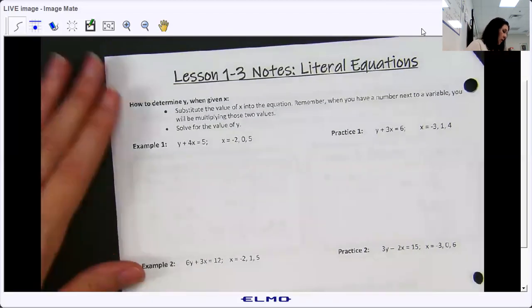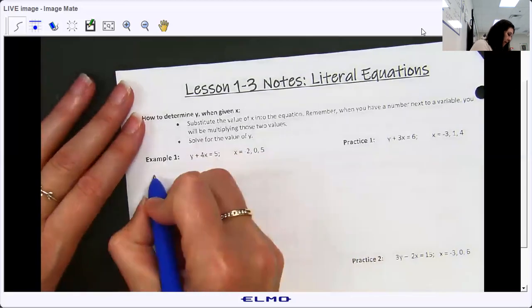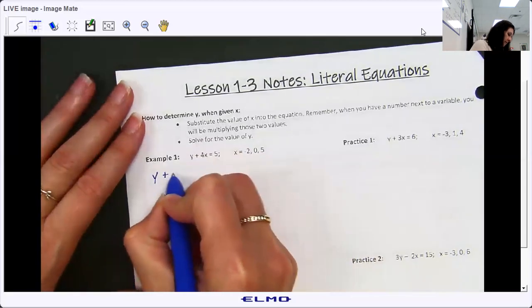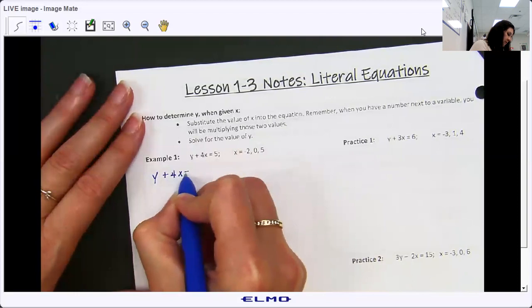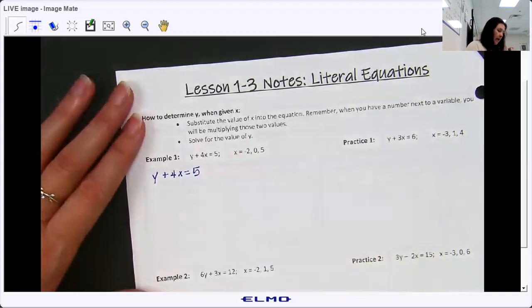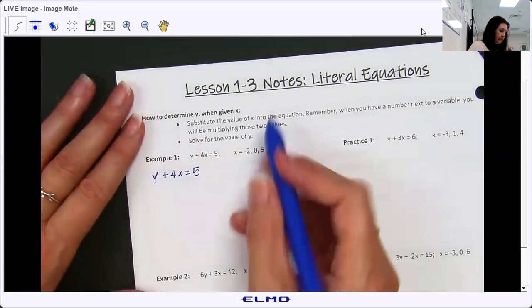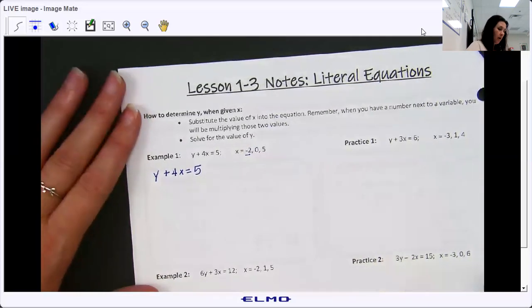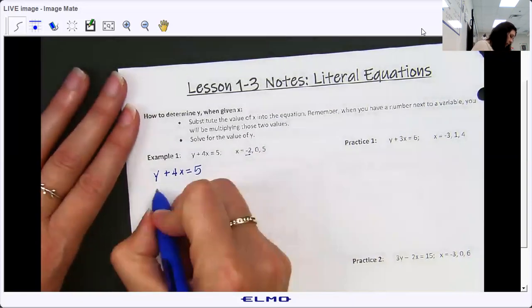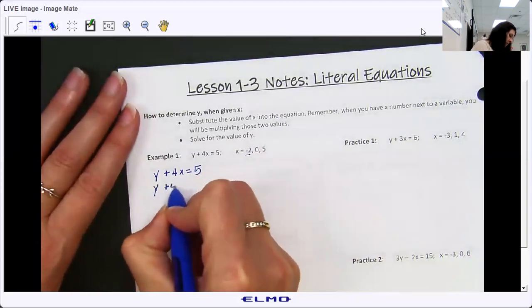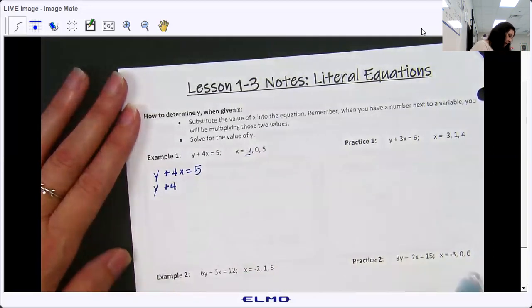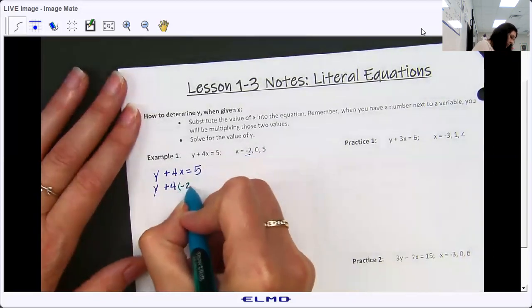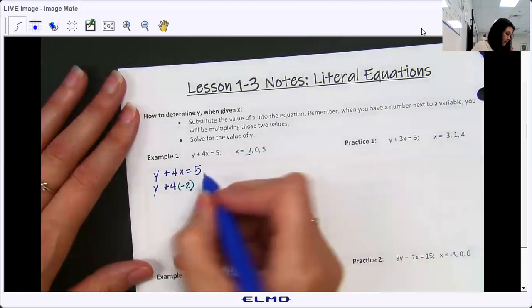You need to choose which method you prefer best. So I'm going to start out with the original equation, Y plus 4X equals 5. All I'm going to do is take this -2 and plug it in where the X is and solve for Y. So I will be rewriting my equation: Y plus 4 times -2 equals 5.